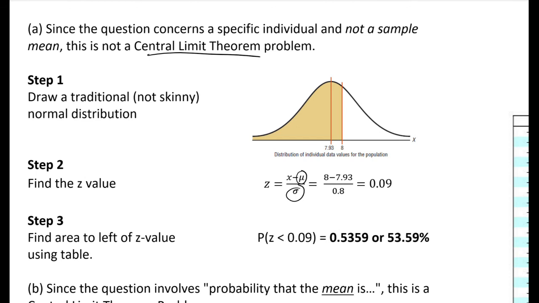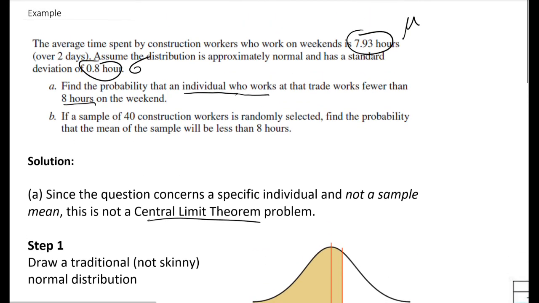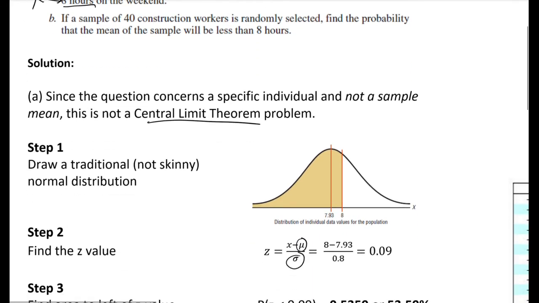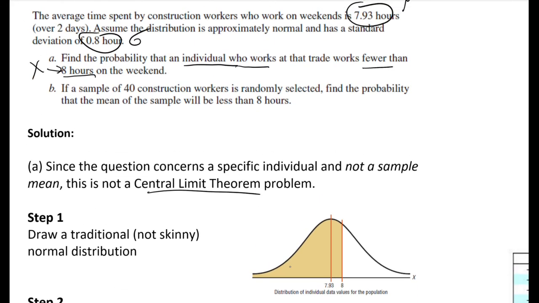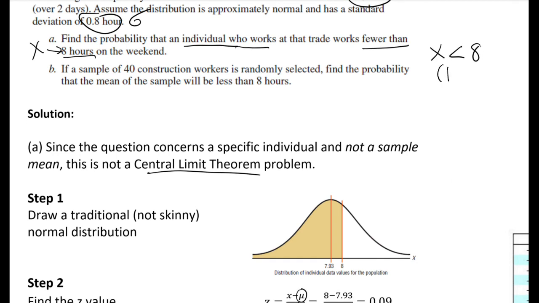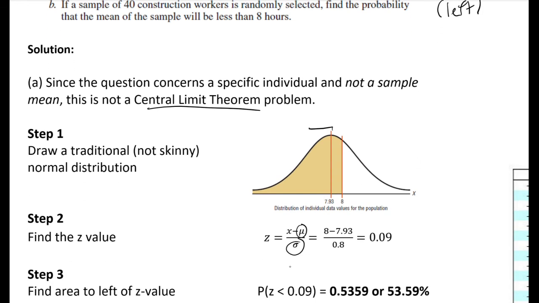My x is what they're looking for. They're interested in the 8 hours, so this is my x. Since they're saying that we want it to work fewer than, this means that x is less than 8, which means we are shading to the left on my curve.